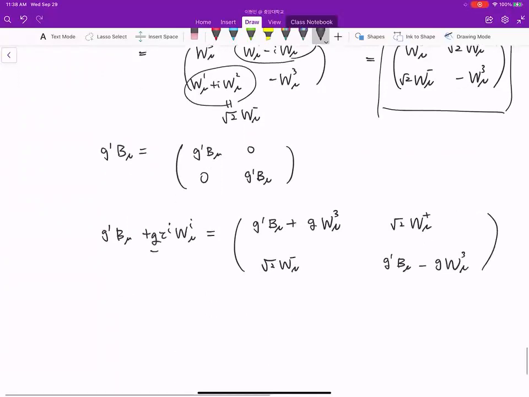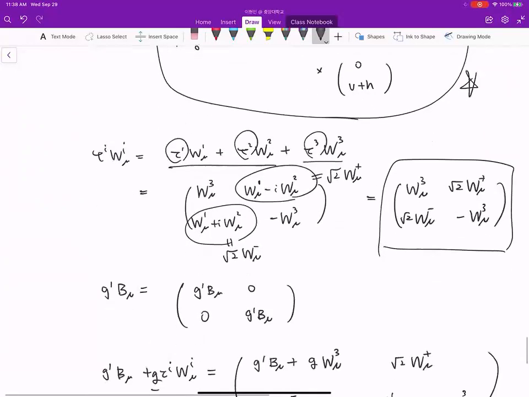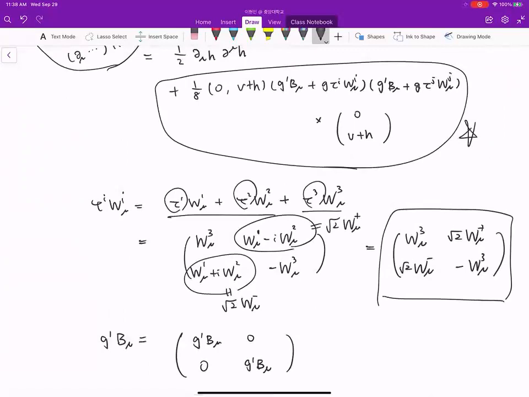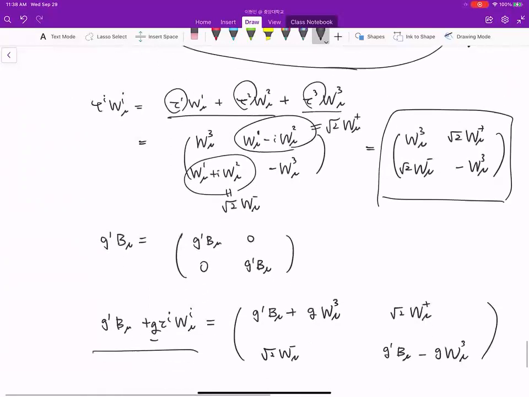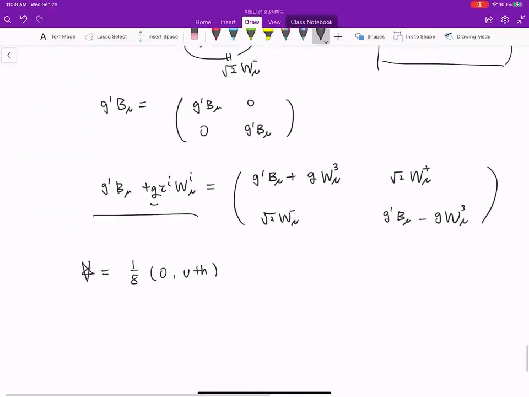So in this simple matrix form, because of that, the star term, the second term, can be written explicitly. And the scalar of this one.